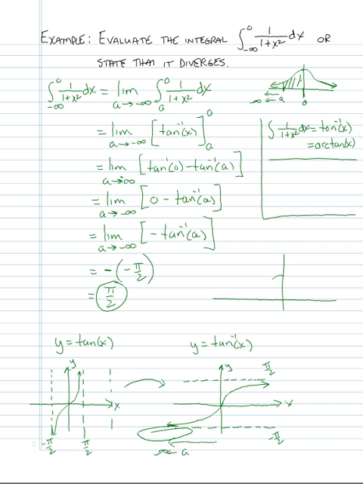If we look at the original graph, up here, of y equals 1 over 1 plus x squared, and we evaluated the integral from negative infinity to 0, what that basically means is we've calculated the area of this unbounded region, and that area is pi over 2.